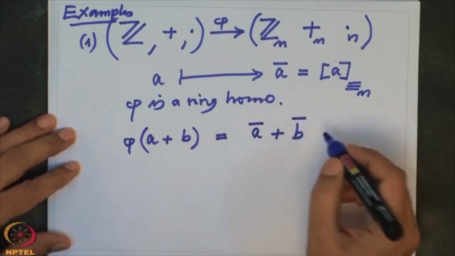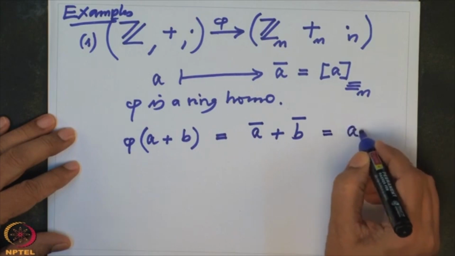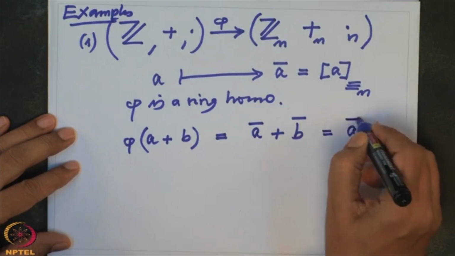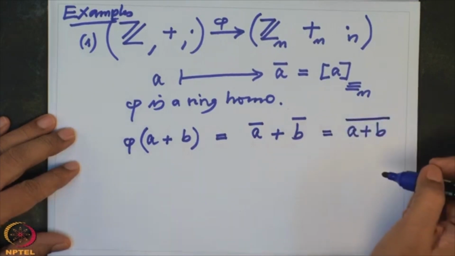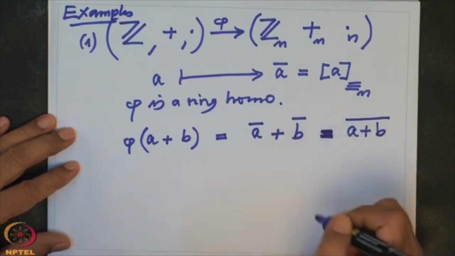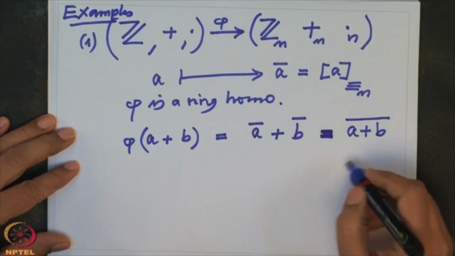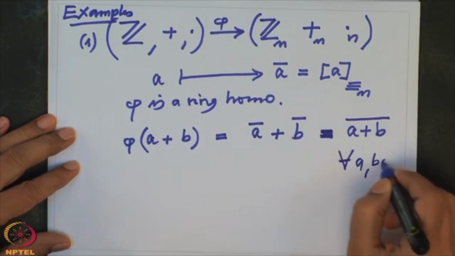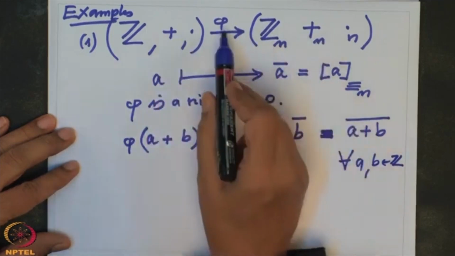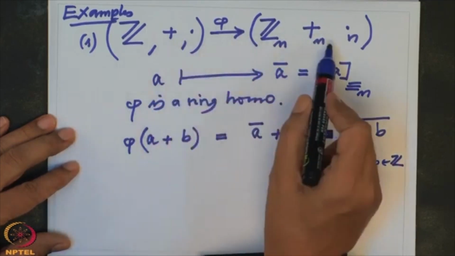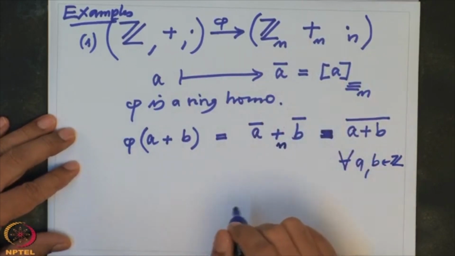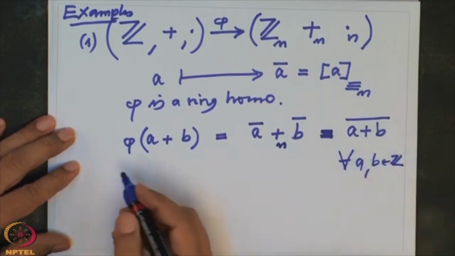But remember, a bar plus b bar is defined as usually adding a plus b and taking the remainder of that a plus b. So these two operations are the same. That is what we have to check, and I will leave it for you to check, for every a and b integers. So that will mean that this phi respects the addition. Strictly speaking, I should write suffix n here, but I will not do so.